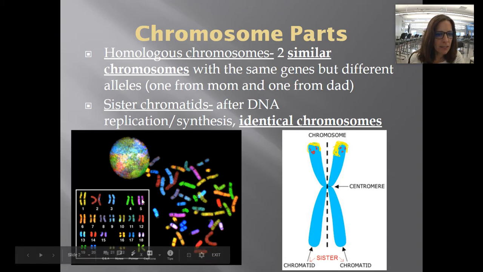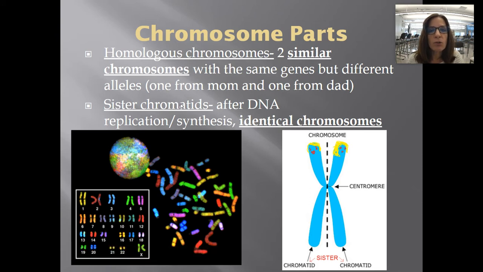So if you look down here, if you look at chromosome one, one of these is from your mom and one of these is from your dad. And students often confuse that with sister chromatids. Sister chromatids are identical chromosomes. So when this chromosome right here goes through DNA synthesis, it gets a sister chromatid.